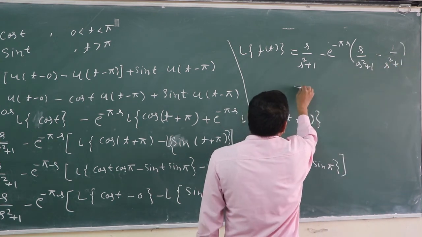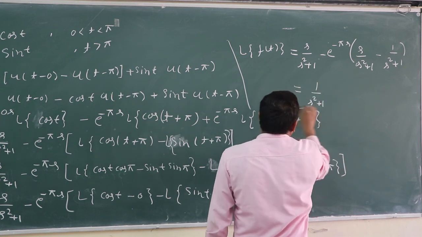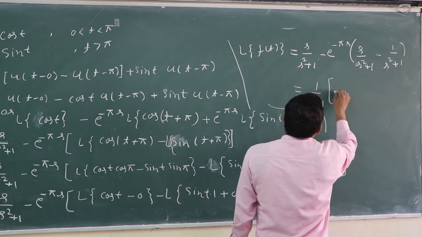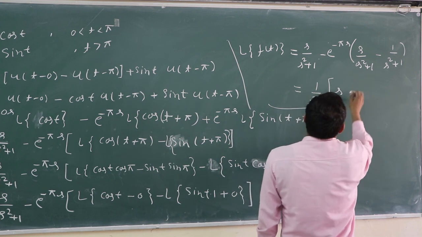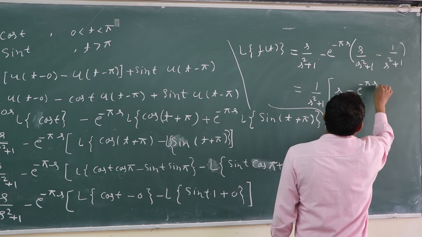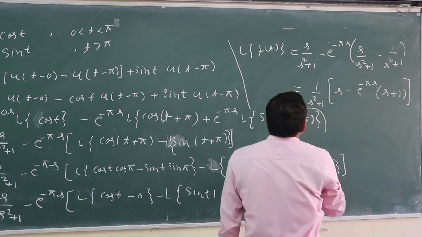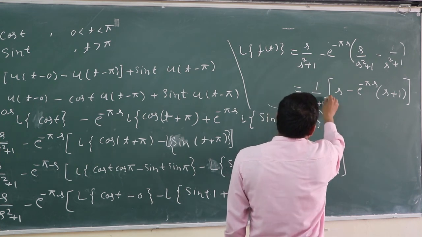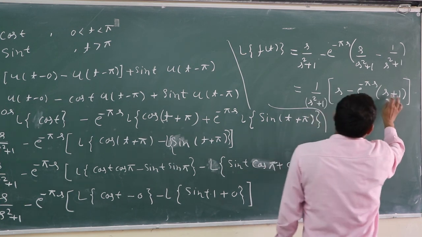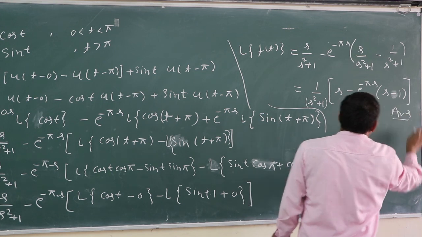So we can write it as 1 upon s square plus 1 times s minus e to the power minus pi s times s plus 1, or 1 upon s square plus 1 times s minus e to the power minus pi s, s minus 1. This is the complete answer of this problem.